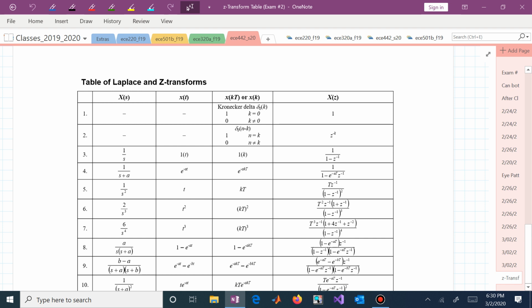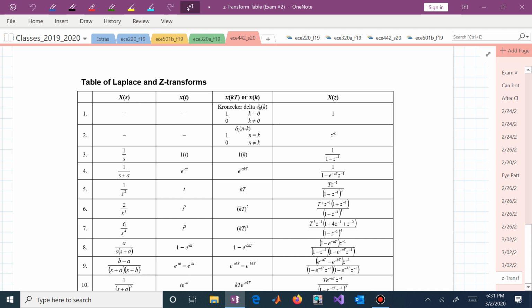Yeah, row 3. Row 3, and I show you 4 fingers. Row 3, I can't see, so I'm hoping you can't see either. Well, if you're listening to this, you can't see either, but luckily. What is the Z transform then of 1 over S?